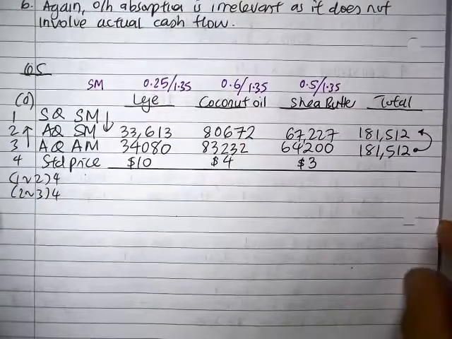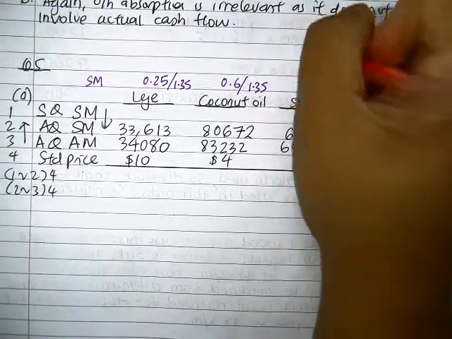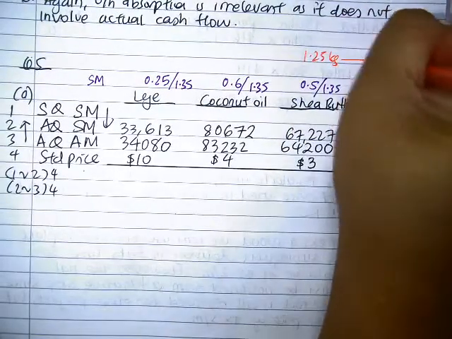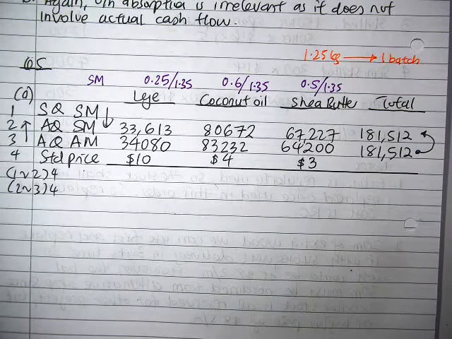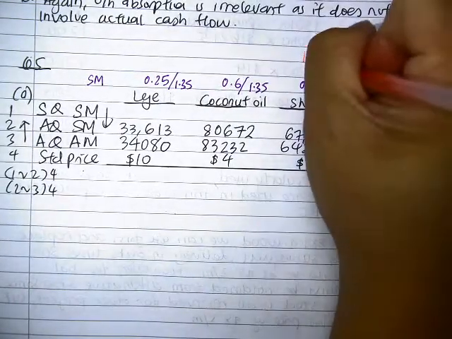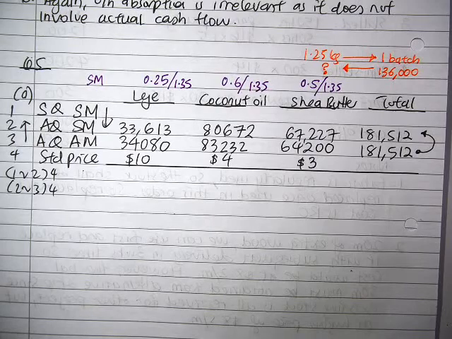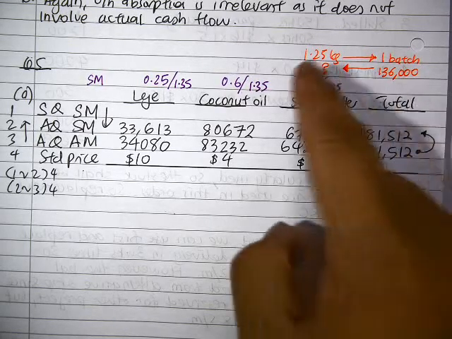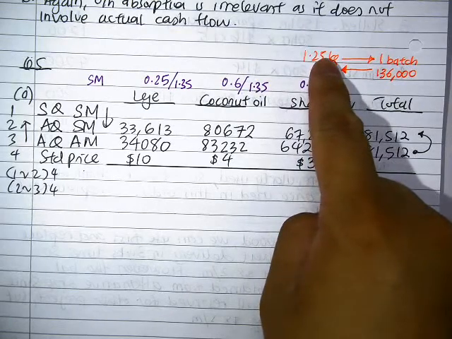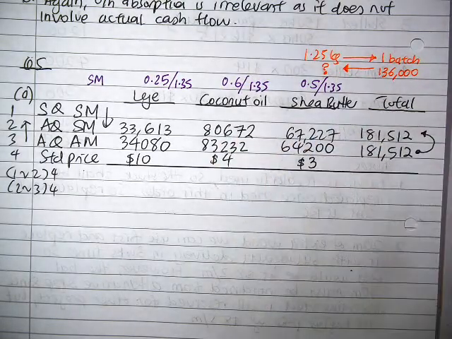Now what is your SQ? Now SQ is very simple. You ask yourself, if I use 1.25 to make one batch, and now how many batches do you make? 136,000. Then how many kilos do I need? This is very simple, so there's no loss problem. Normally you will find it more difficult if they say 1.25 kilo will get you 1.1 kilo, then the actual output is 100,000 kilo, then you must work backward with losses. This is so straightforward.